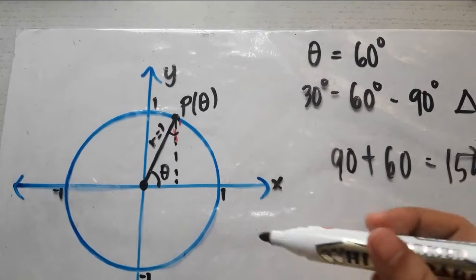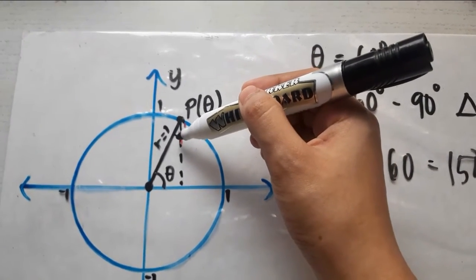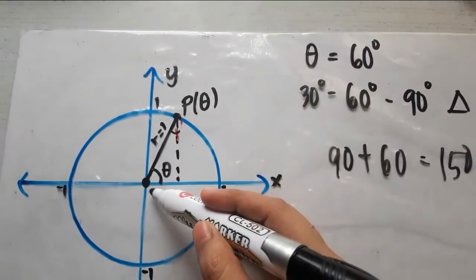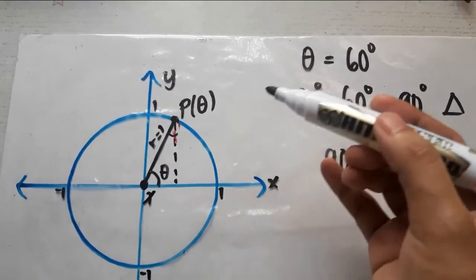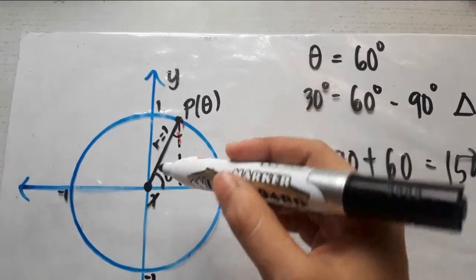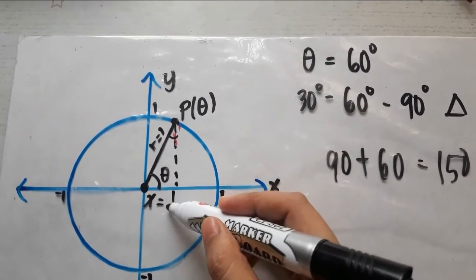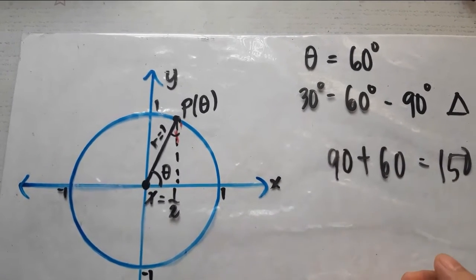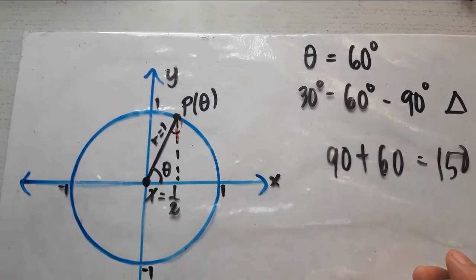Remember, on the first example, we mentioned that if you have 30 degrees, the side opposite that, so that's the x, the side on the x-axis, is half of the length of the longest side, the hypotenuse. So that is x equals 1/2. That's already in the theorem.